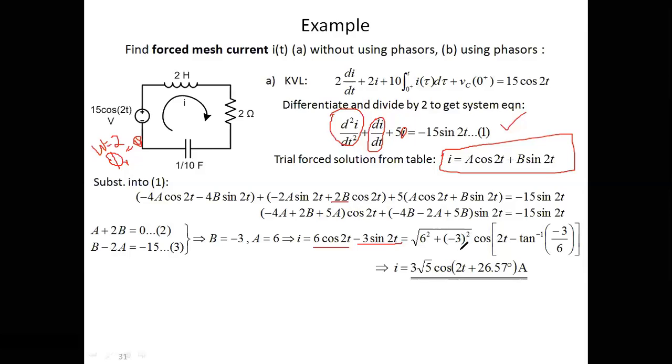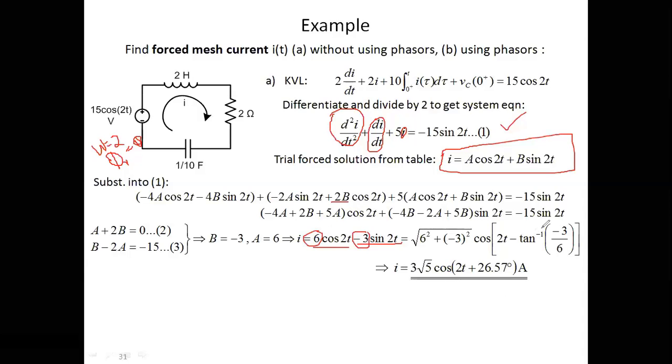And we have cos 2t here. What will be the phase angle? The phase angle would be tan inverse of b over a, so tan inverse of minus 3 divided by 6.